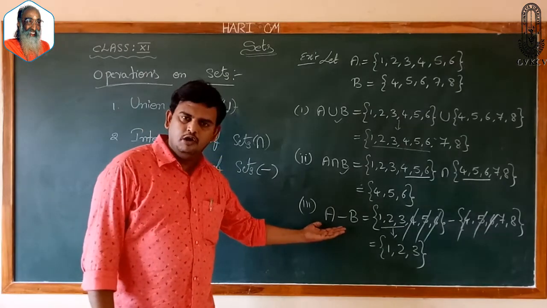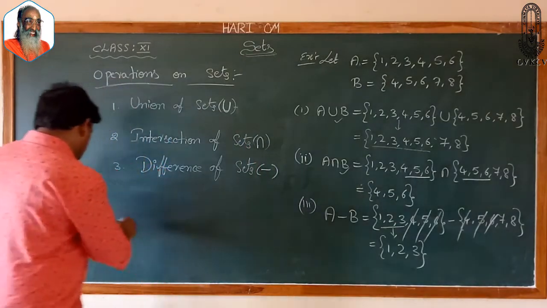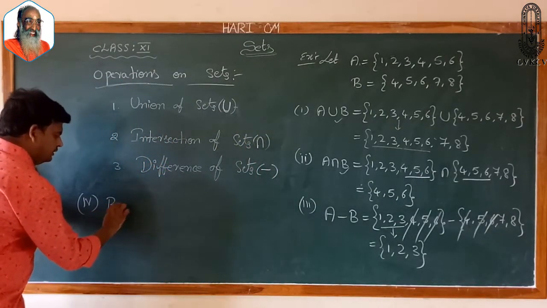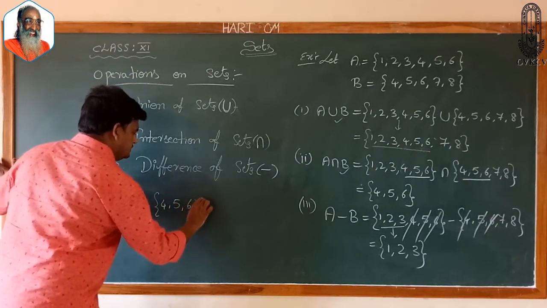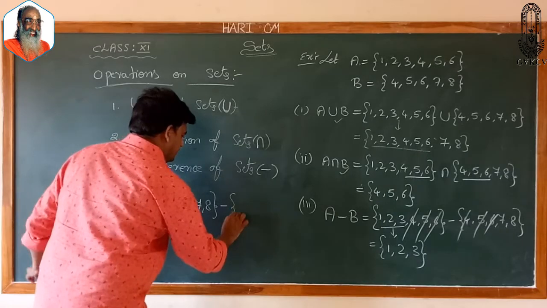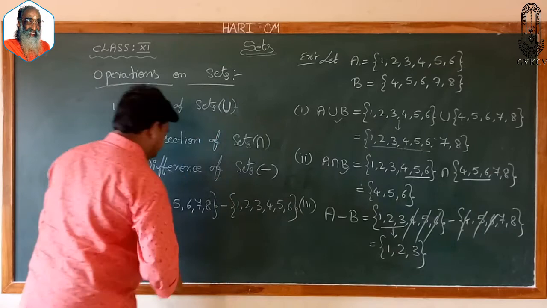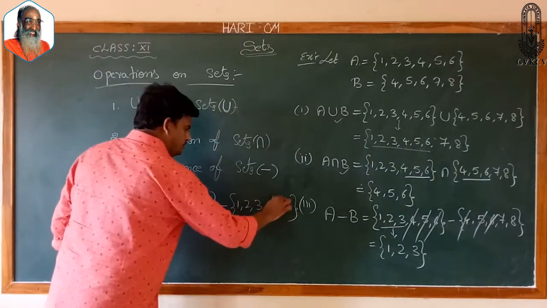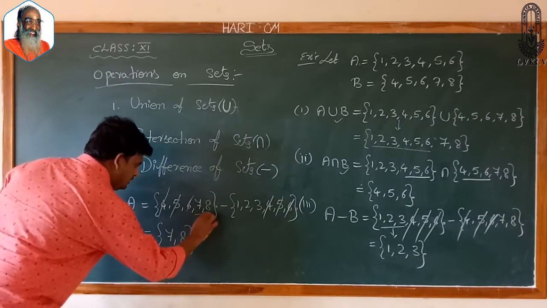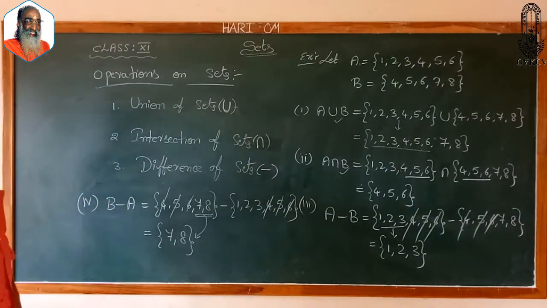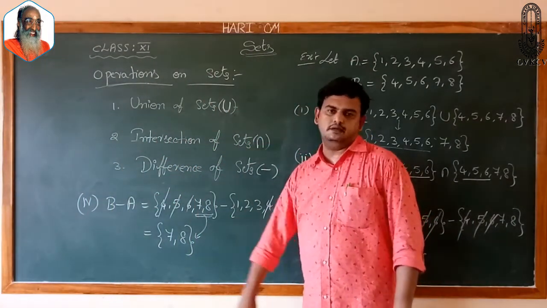This is nothing but the difference operation, A minus B. Now similarly, we can go for B minus A. So 4, 5, 6, 7, 8 minus 1, 2, 3, 4, 5, 6. So 4, 5, 6 common. Now the elements left over in the first set are 7, 8. This is about B minus A.